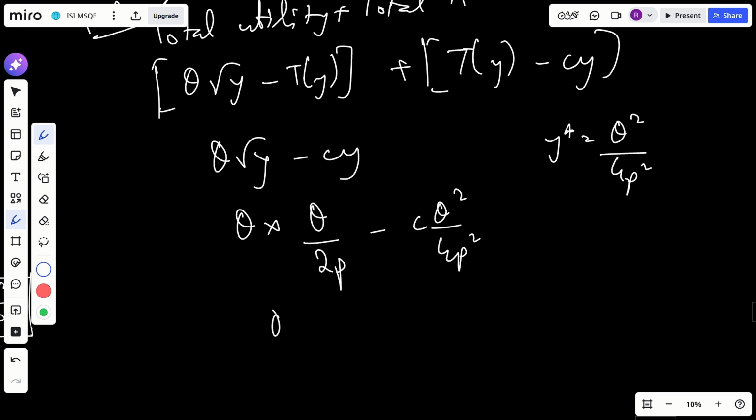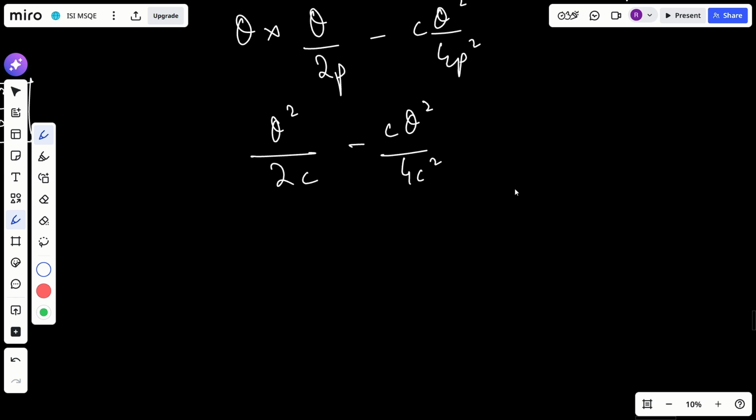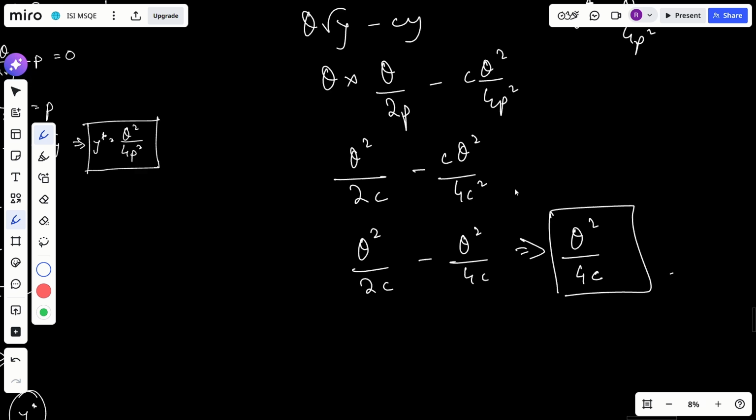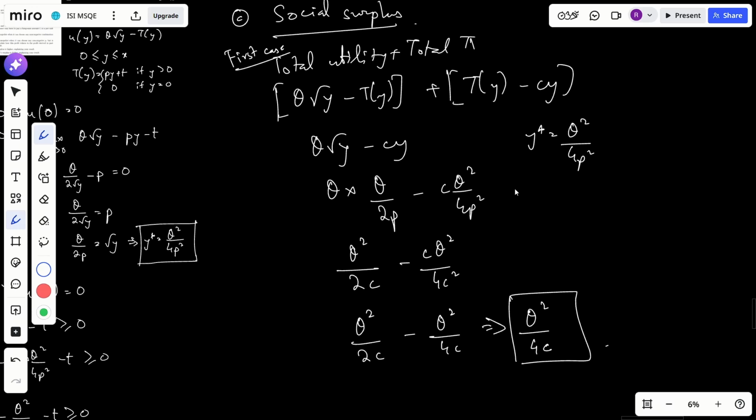Since p was equal to c in the first case, I'm plugging that here, and this will be 4c square. So we are having theta square by 2c minus theta square by 4c, so we are getting theta square by 4c. This is our total surplus in the first case.